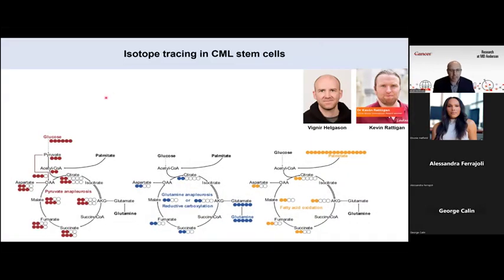But to follow this, actually, in that story that I just described, we didn't just trace palmitate, we also traced many other oxidizable substrates, namely glutamine and glucose, as you can see here. And then we traced it into the TCA cycle and into amino acid production, just to read how well they are oxidized in our cells, and particularly in the leukemic stem cell.